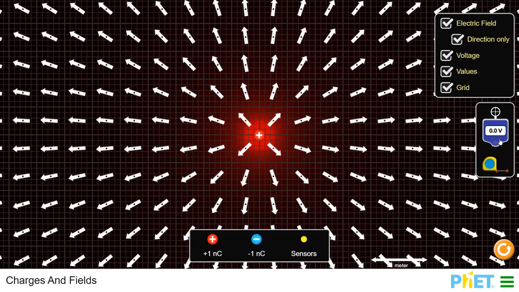So we need to place this meter, a virtual pull push rule, where we are able to measure distances, where we will place our voltmeter. The first one is at 50 centimeters.